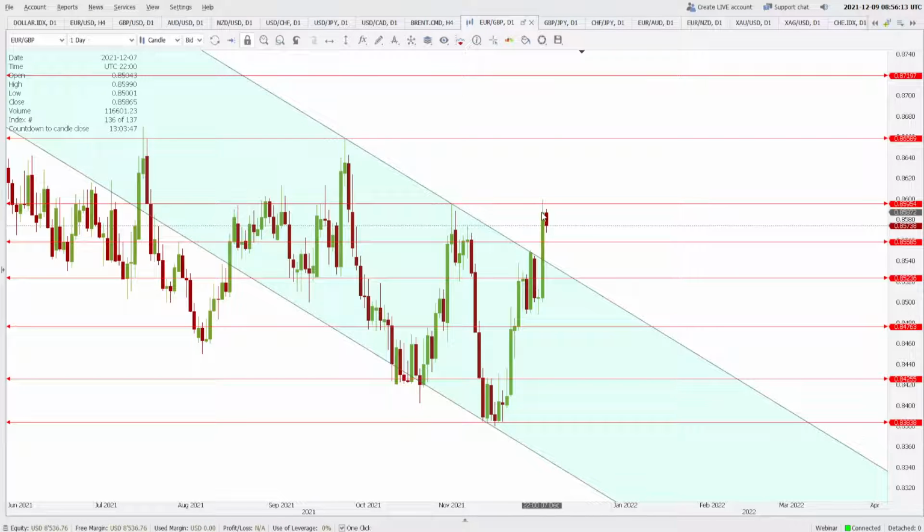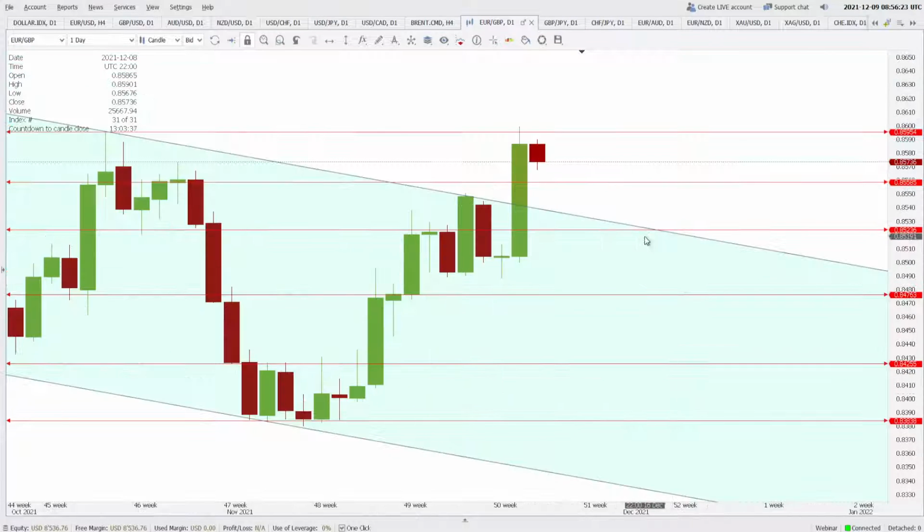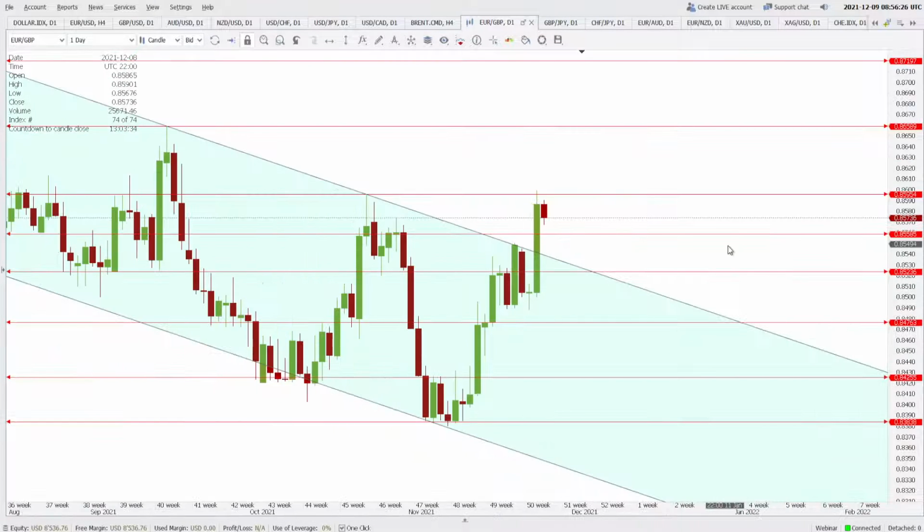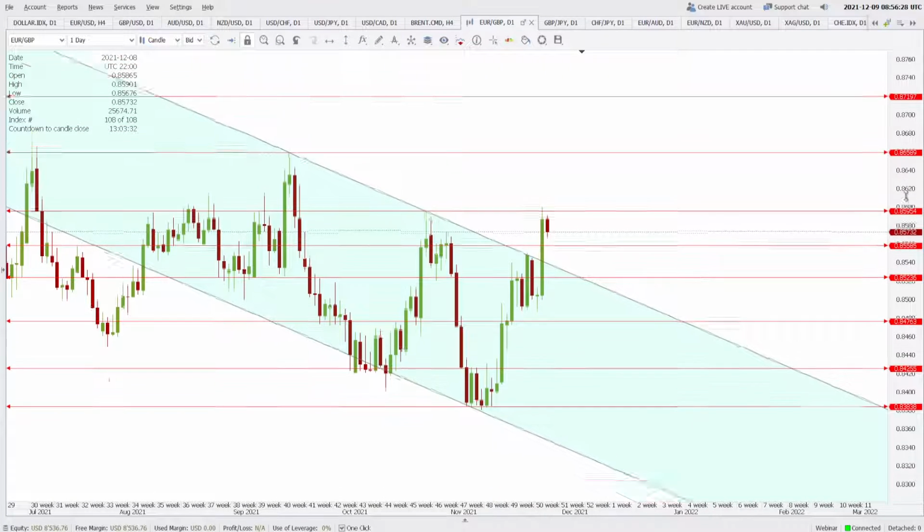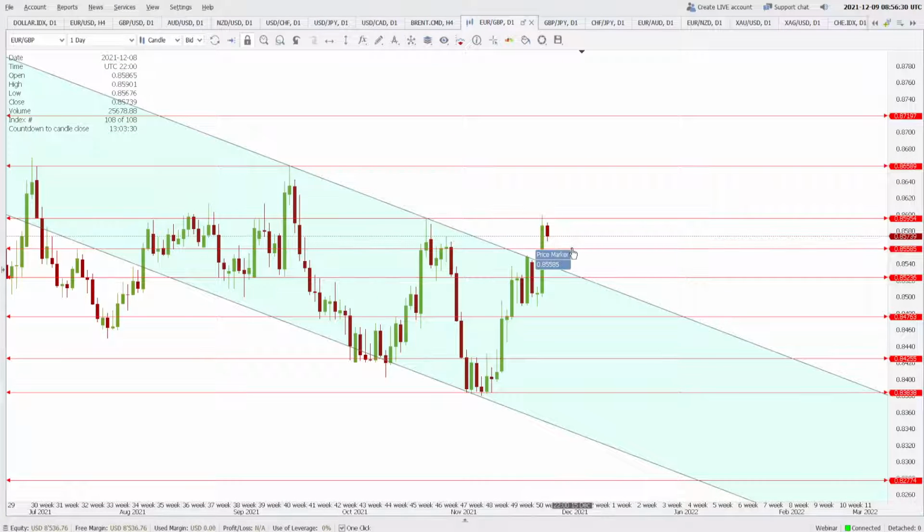And now I am expecting the price to take support at the 0.8558 level and then give a push higher to around 0.8658. That is what I am thinking about this market. If there is anything else that I am missing, you can let me know in the comment section. But I think it will pull back to 0.8558 before it sees a rise to 0.8658. That is what I am thinking. So right now the resistance is at 0.8595, support is at 0.8558 in the Euro GBP.